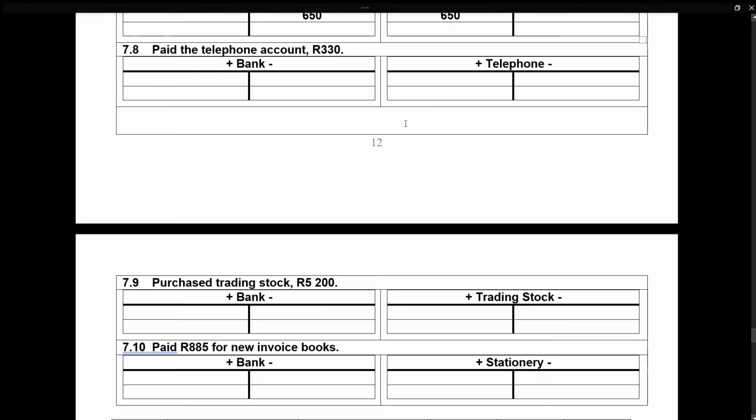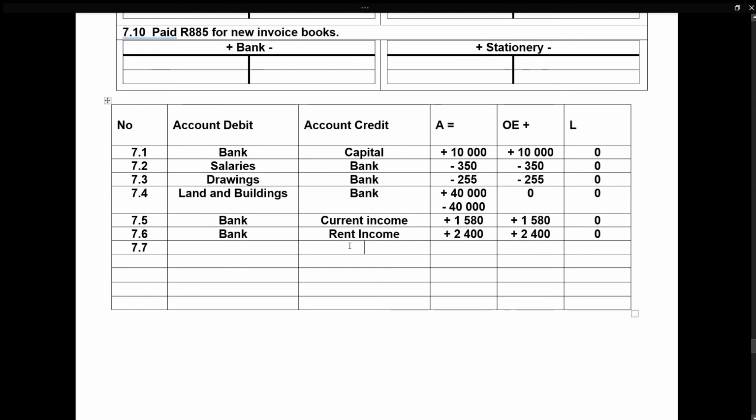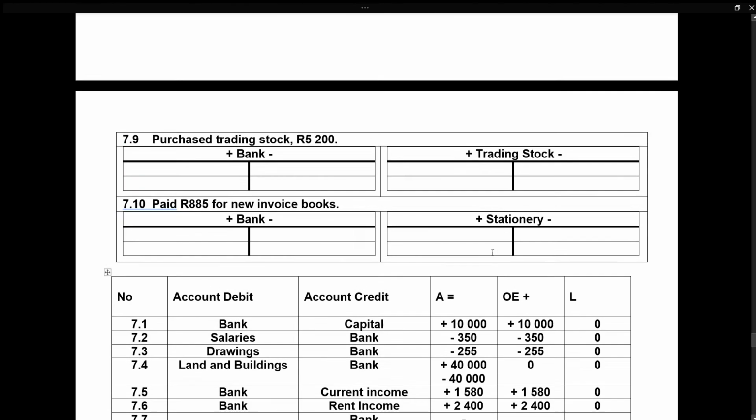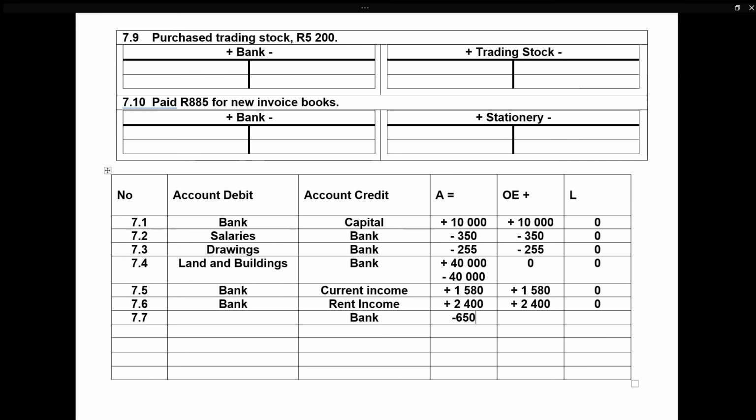So let's go and fill that into our accounting equation. 7.7, we are paying money, so bank will be credited, and it will have a negative influence on my assets of 650 Rand. And repairs being an expense account, and we know by now that expenses will always have a negative influence on my owner's equity.